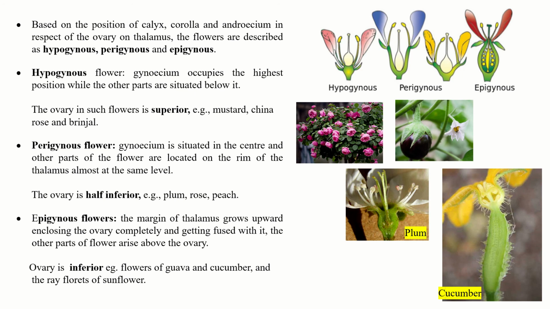Now, based on the position of calyx, corolla and androecium in respect of the ovary on the thalamus, the flowers are described as hypogynous, perigynous and epigynous. So based on the position of the ovary with respect to the calyx, corolla and androecium, flowers are classified into hypogynous, perigynous and epigynous.